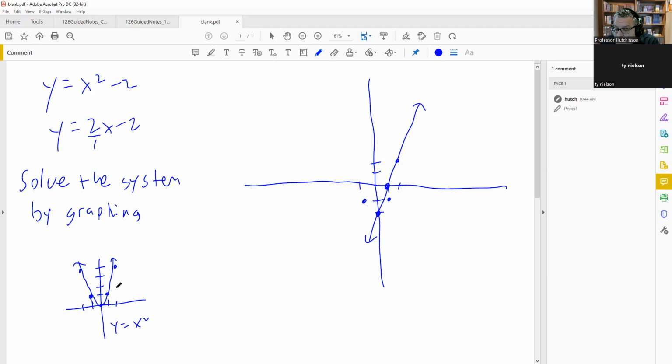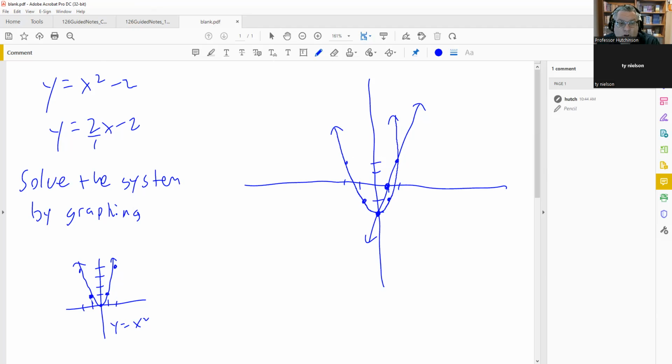That's going to move down 2 units to (2, 2), and then just move down to here. So my graph is going to look like this. Okay, so that's what it looks like when I draw that. So the x squared graph shifted down 2 units.